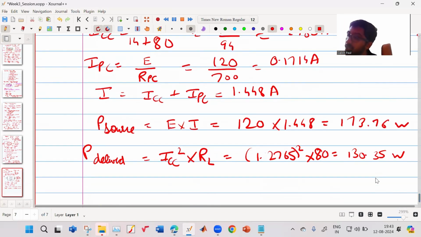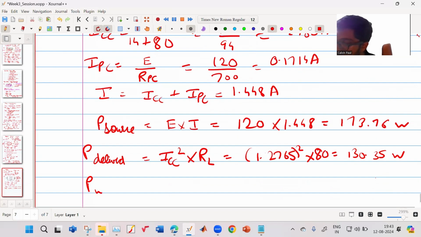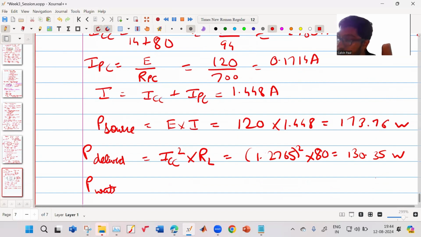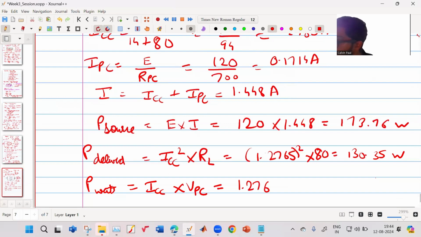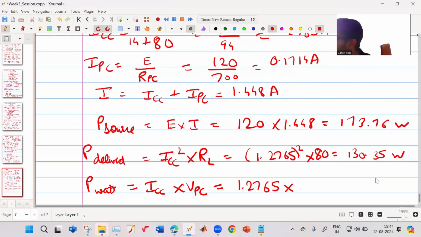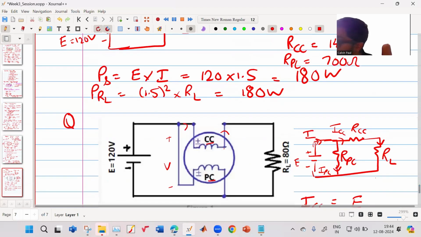Now, what is the power measured by a wattmeter? Your wattmeter you have kept so that it can measure the power, but what is it measuring? It will measure the current through the current coil into the voltage across the pressure coil, right? The current through the current coil is 1.2765, correct? What is the voltage across the pressure coil? It is directly this E, that is 120 volt, because it is directly connected.